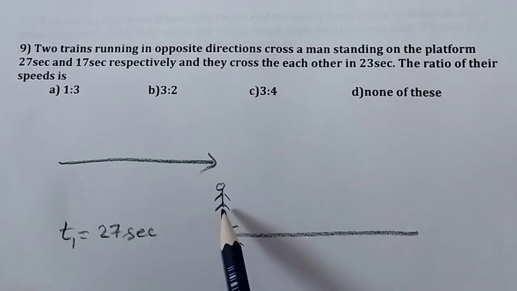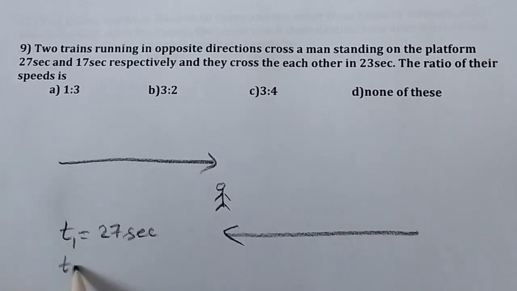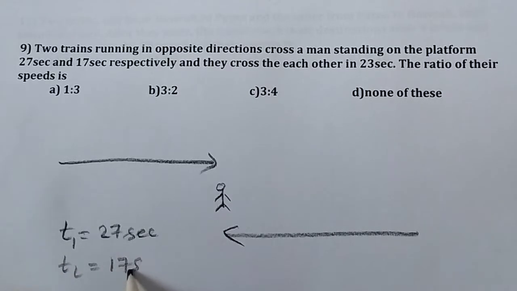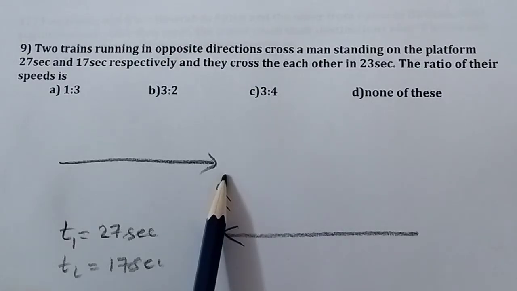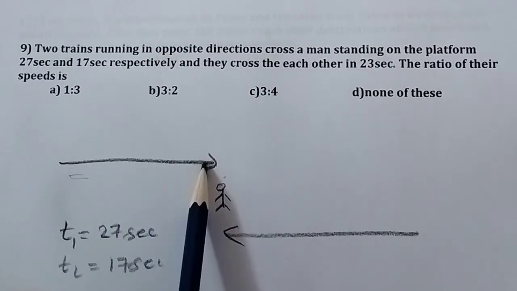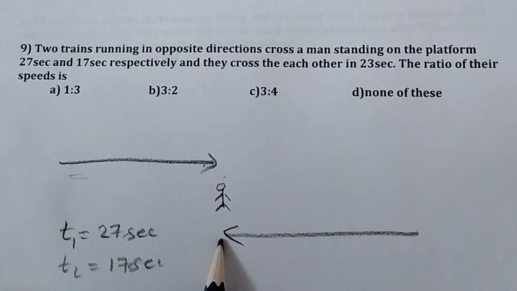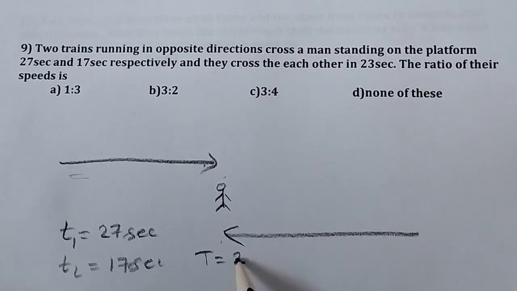The second train crosses this man in 17 seconds. But suppose there is no person. This entire train crosses this entire train in 23 seconds. This is the given information.